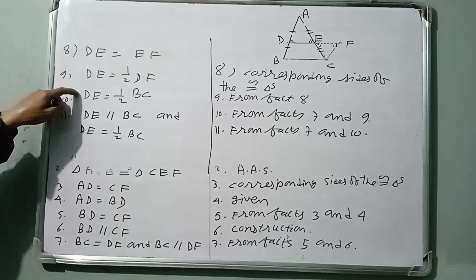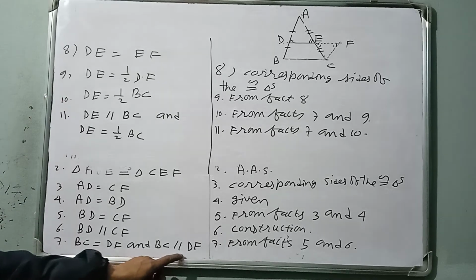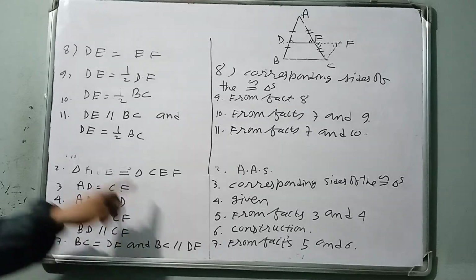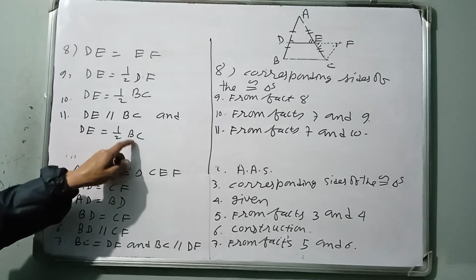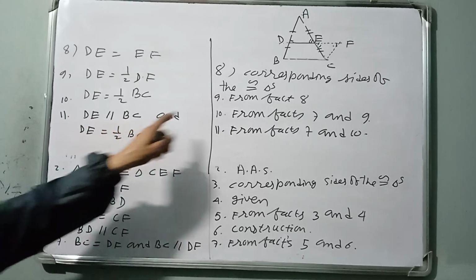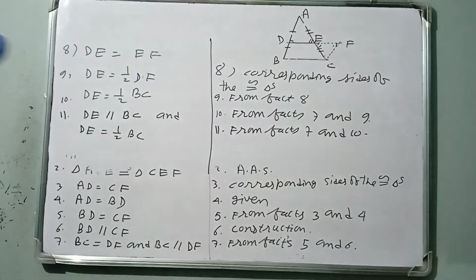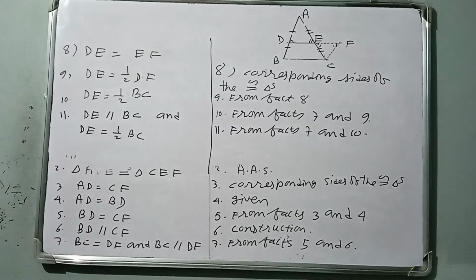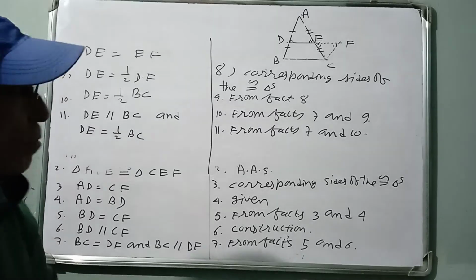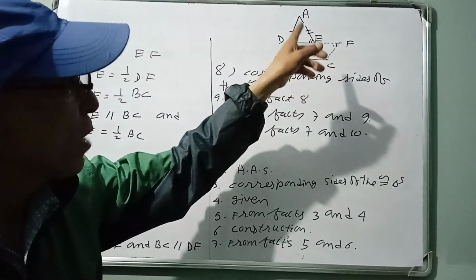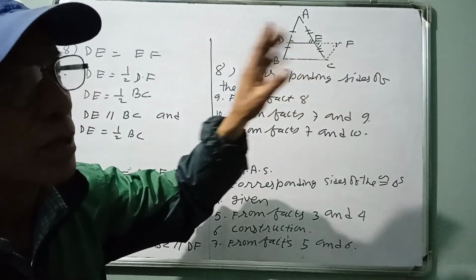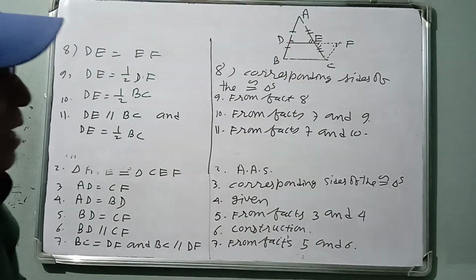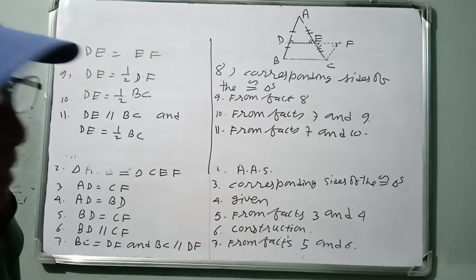From fact 7, BC is parallel to DF. So DE is also parallel to BC because DE is a part of DF. DE is half of BC. So this theorem proves that the line joining the midpoints of two sides of a triangle is parallel to the third side and half of it.